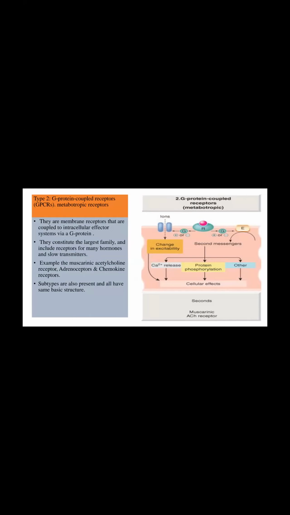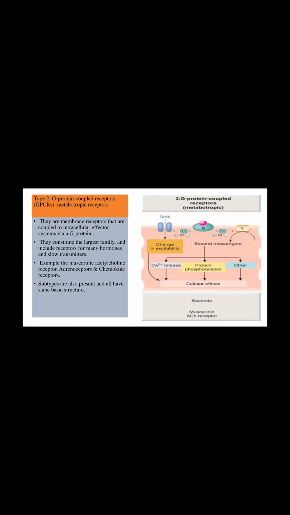Now, these are membrane receptors that are coupled to an intracellular effector system via G protein. So they are on the surface as well, but they are connected to the intracellular work. Means inside the cell, they are connected through the protein. So when the drug comes, just imagine one particular cell, an epithelial cell or squamous cell, they have to work on that.